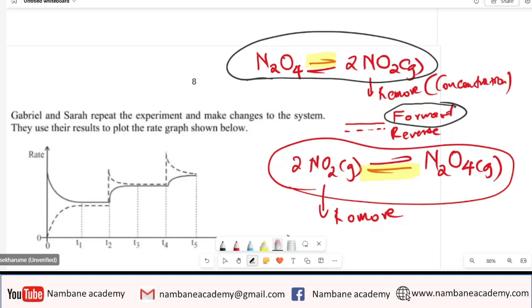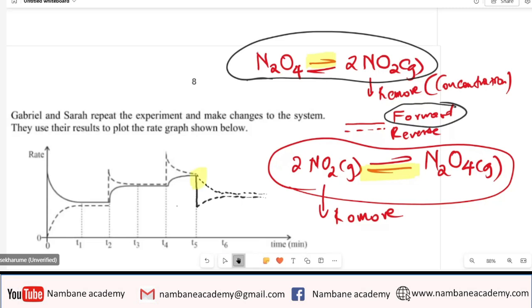So now the one that will be favored will decrease less. Then this one will be the solid line. Then until a new equilibrium is established. Because this is a concentration, we look at this part here. All right, this is how the graph will look.